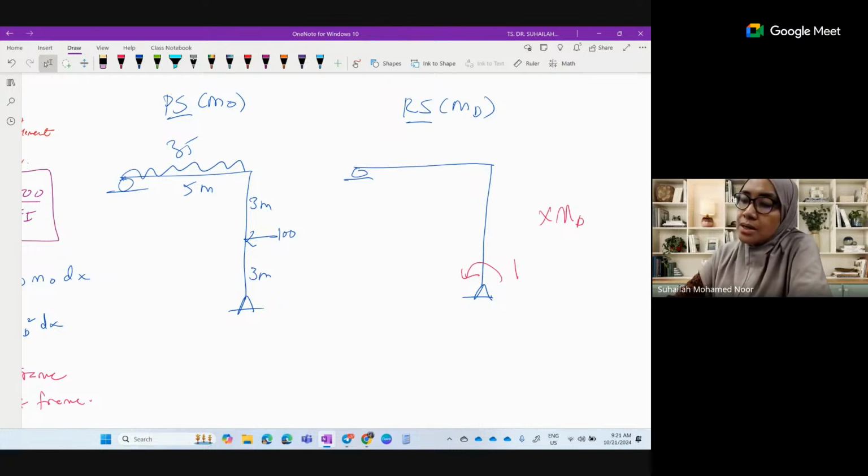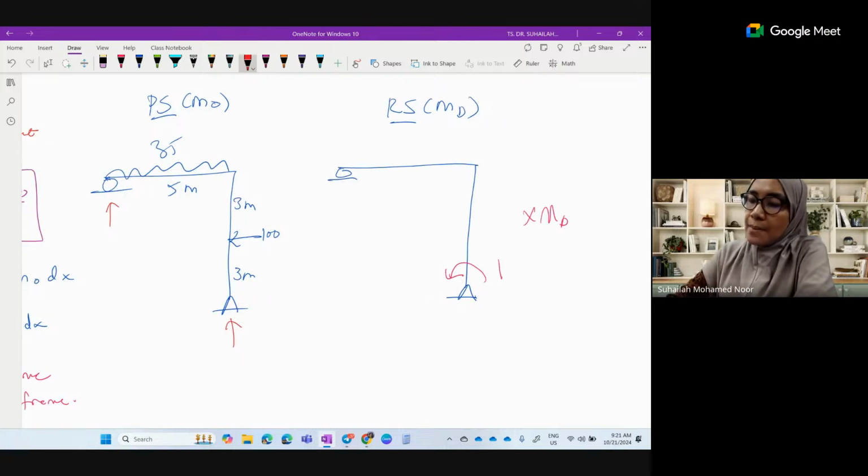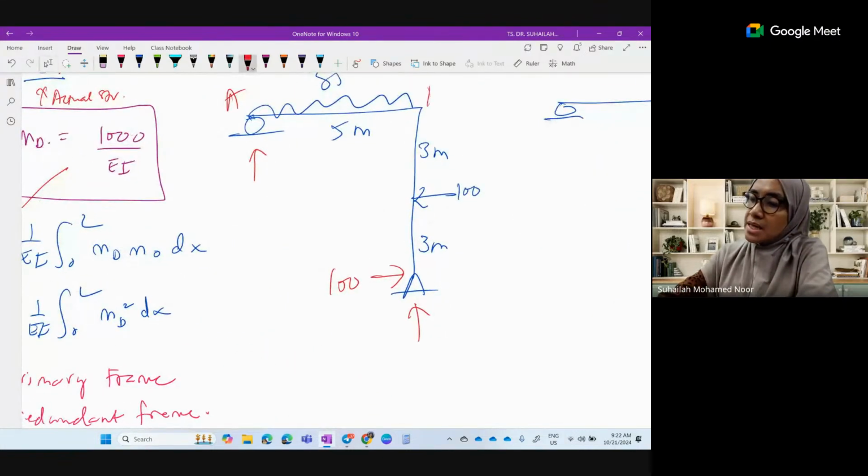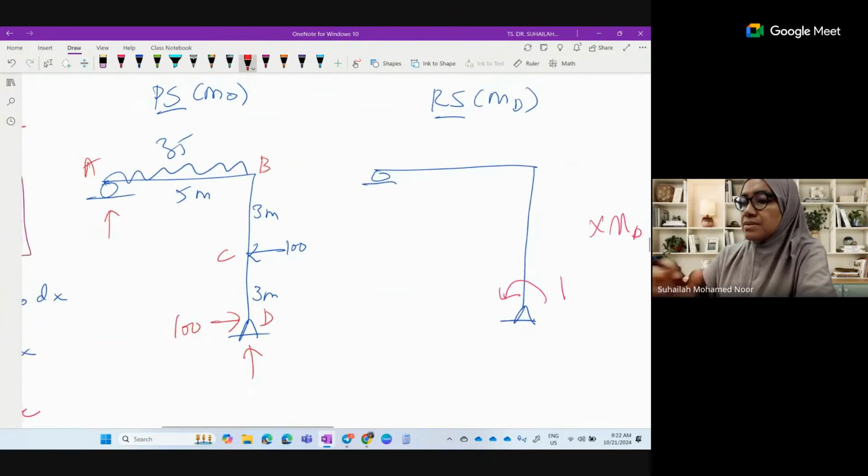So yang ni boleh calculate reaction tak? Tapi calculate reaction boleh macam biasa je kan? Okay. So macam biasalah boleh kira kat sini, kira sini. Sini dah dapat, sini 100. Kan? So kita cuma nak kira nilai AY dengan ABCD, A, sini B, sini C, sini D. Okay.